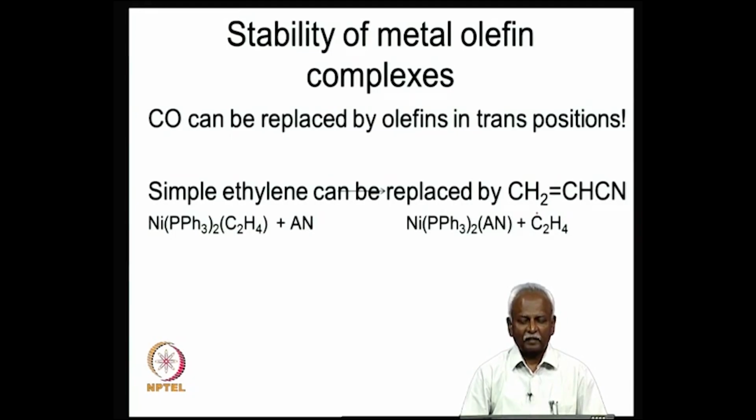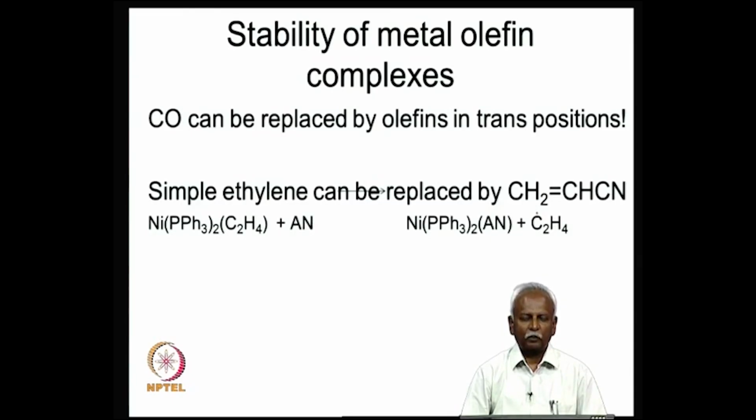So, a second example that I told you about is the replacement of an ethylene with acrylonitrile, and acrylonitrile, because of its greater pi accepting property, can also replace a simple ethylene.